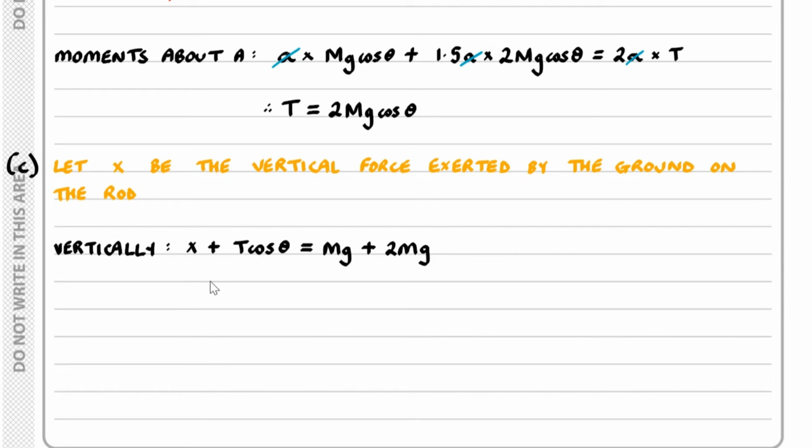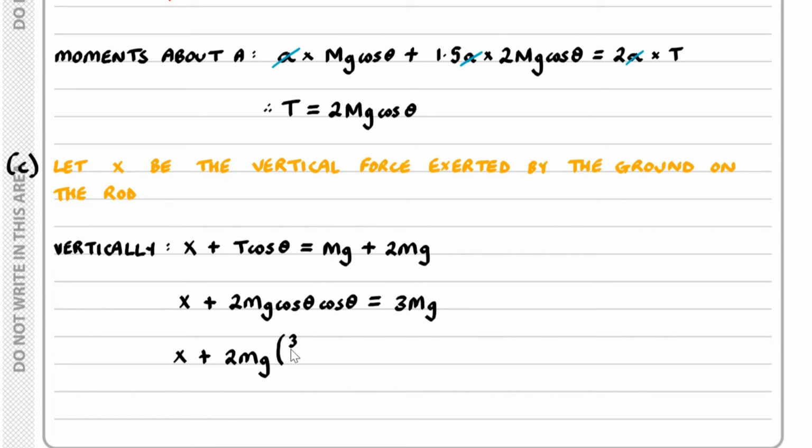And so therefore, we have X plus T, which is 2mg cos theta, and then we are still multiplying this by cos theta. That will equal 3mg. And so we have X plus 2mg multiplied by cos theta times another cos theta.